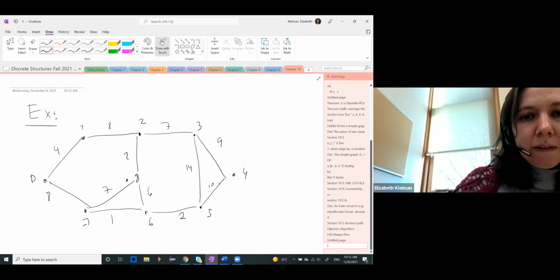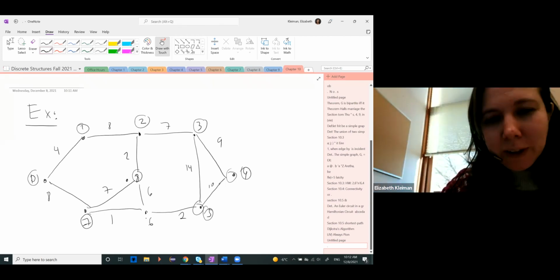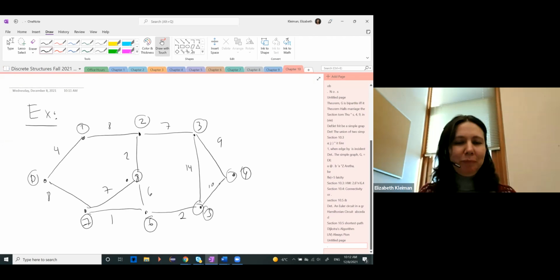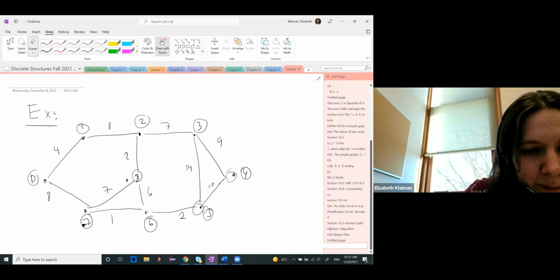So I'm going to mark those ones in circles so that we do not confuse our vertices with weights.